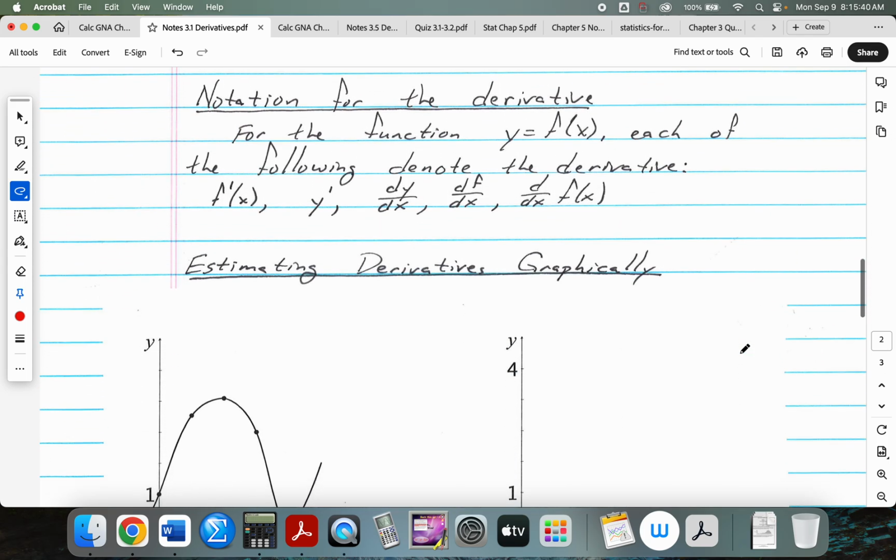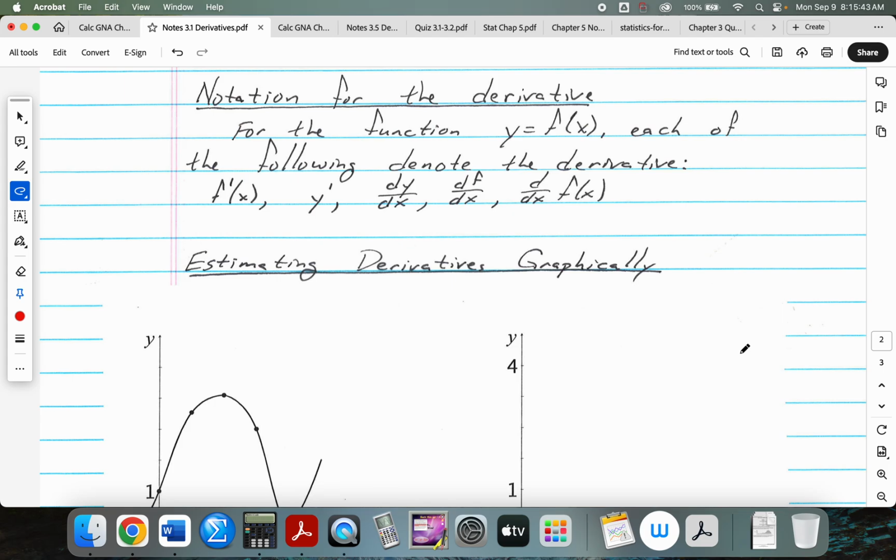All right, notation for derivatives. Sometimes students complain about the number of different ways we can write the derivative, but you have to understand historically what happened is that calculus was, at least as I understand it, invented, or discovered, depends on your point of view, by two different men, basically at the same time, in two entirely different countries, with no correspondence between them.